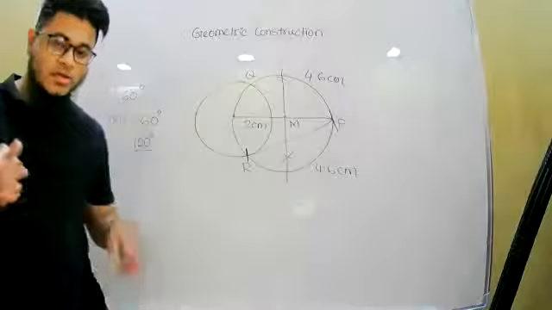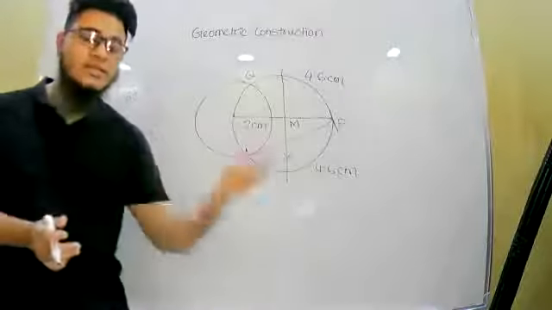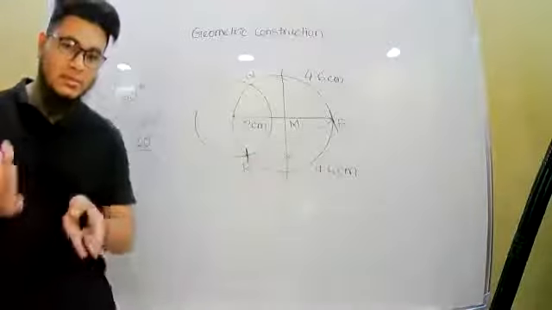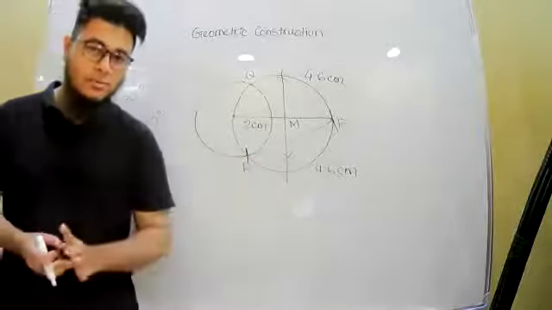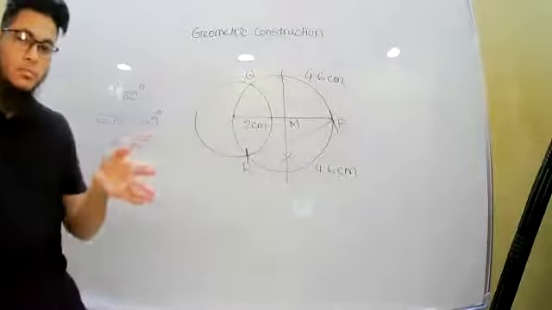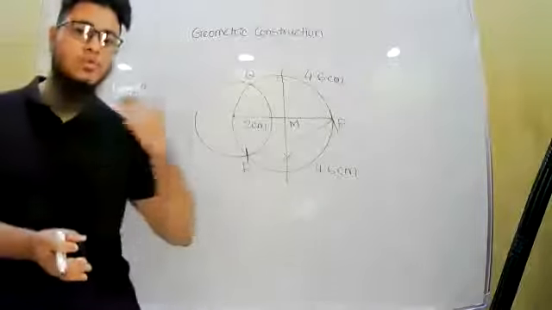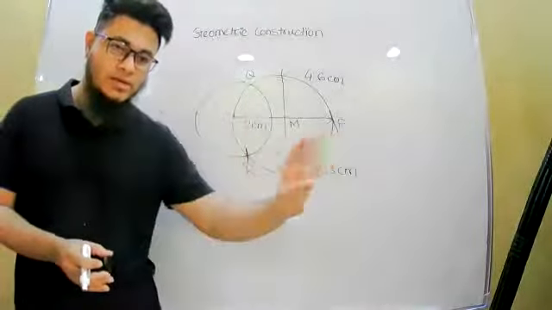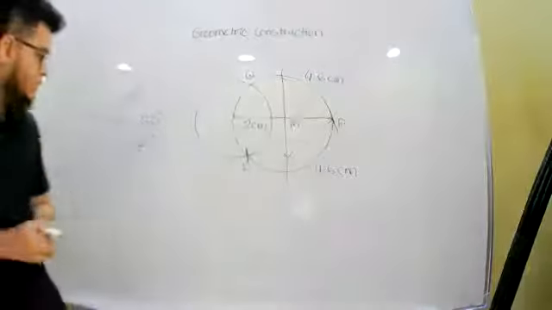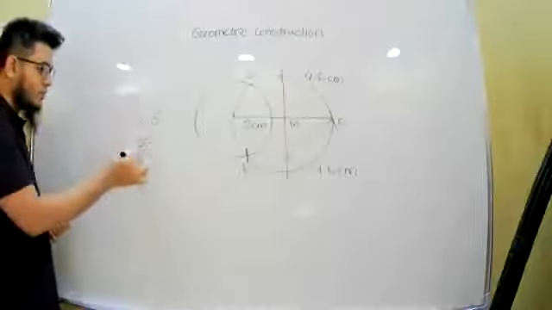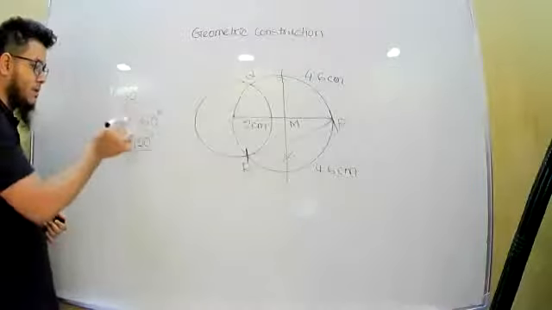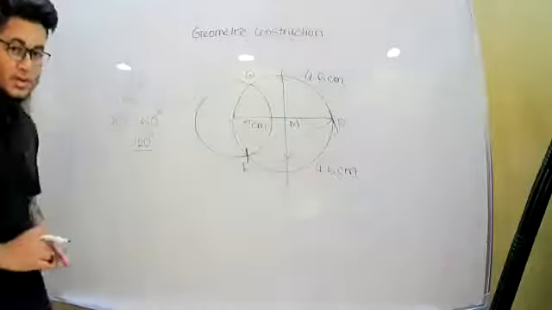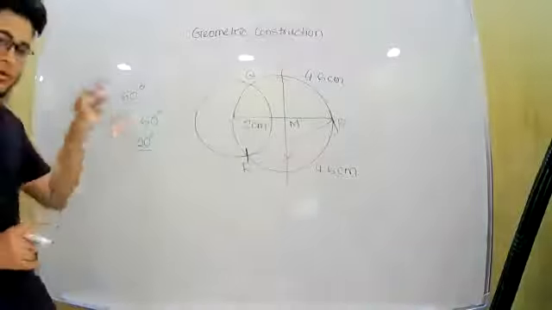Complementary angles are when two angles add up to 90 degree. Then they are complementary angle of each other. But supplementary angle, when two angles add up to 180 degree, not 90. If they are adding up to 90 degree, then complementary. And if they are adding up to 180 degree, then they are supplementary angle of each other. So 60 degree and 120 degree, if you add them up, they will form 180 degree, right? So that is why they are supplementary angle of each other.